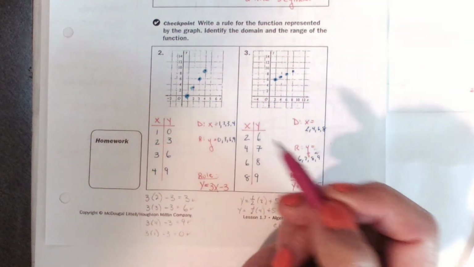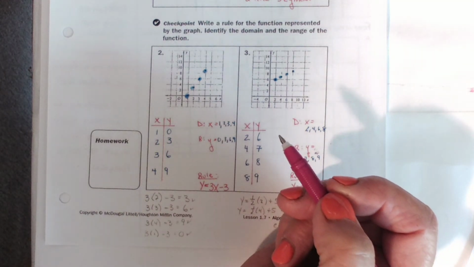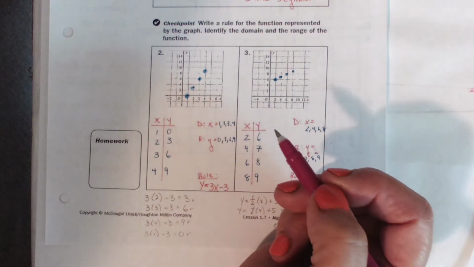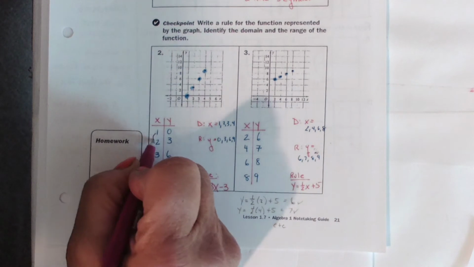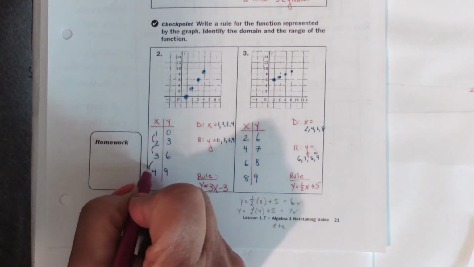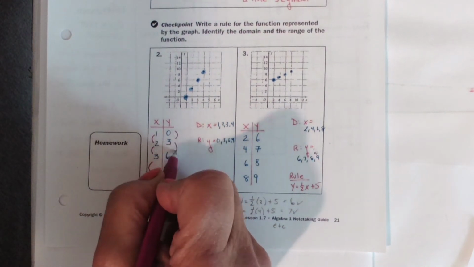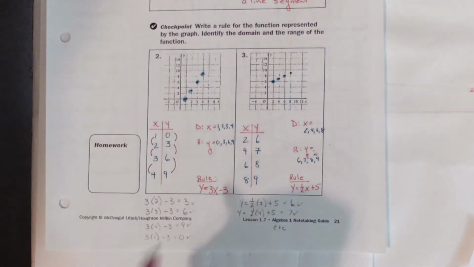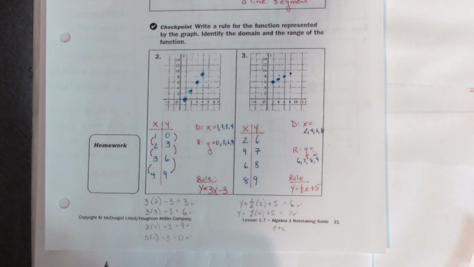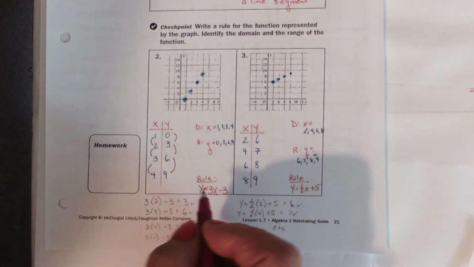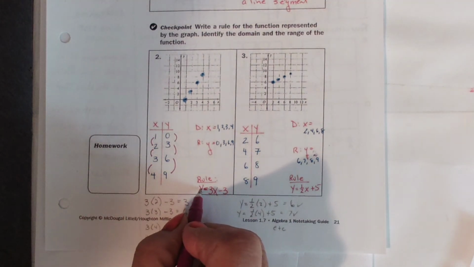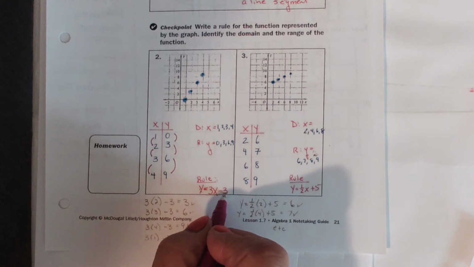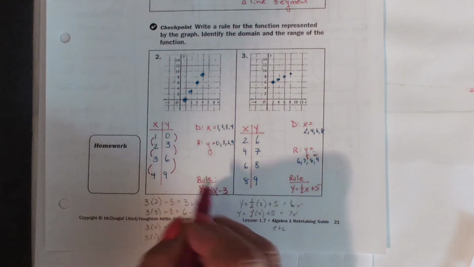You come down here, you create your table, and then you look at the relationship between the variables, the points, and you can do some mental work. And if you got the rule as y equals 3x minus 3, great, right?